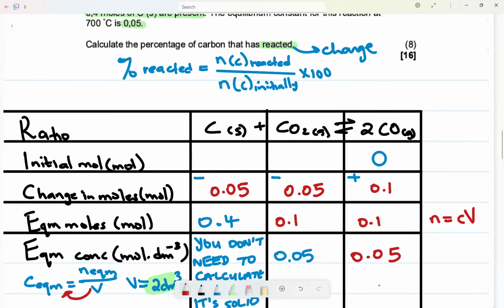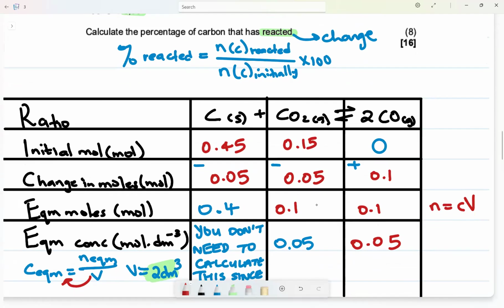So how much is this? Remember, from here to there, I'm subtracting. It means from here to here, I should add. So 0.4 plus 0.05, it is 0.45. You can also do this and say it is 0.15. It is unnecessary, but it's fine.